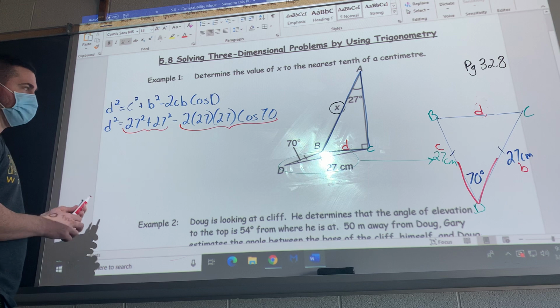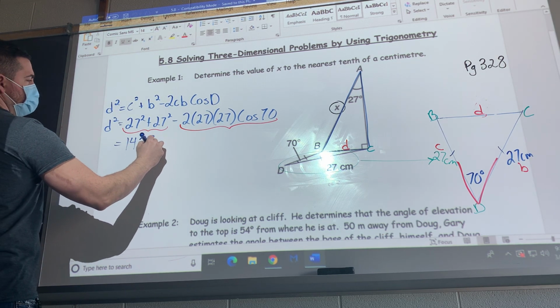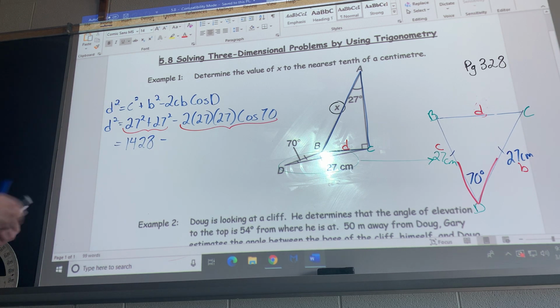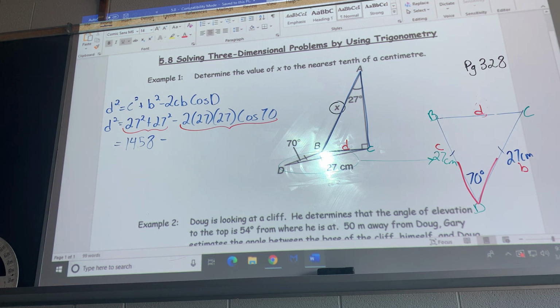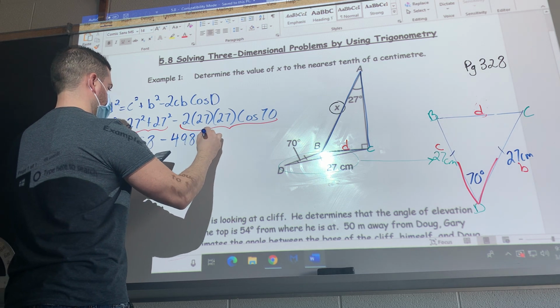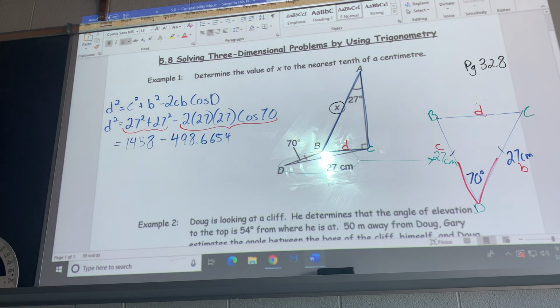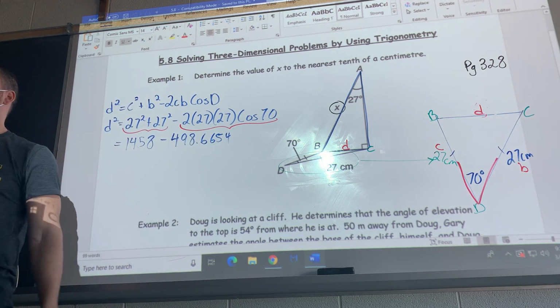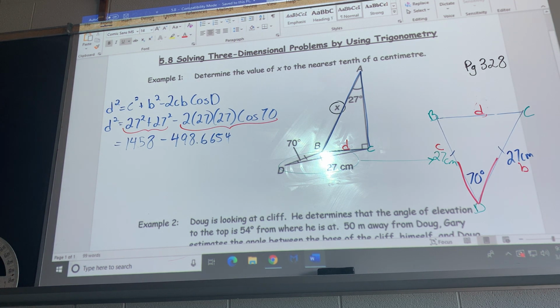I don't know why I use my calculator for that. 1428 minus, sorry, 58. 2 times 27 times 27 times cos of 70 gives me 498 point. I'm just going to use 4 decimal places. It's up to you. I would suggest keeping 4 decimal places, not so much for the sides, but for the angles. It just gets a little bit more accurate.